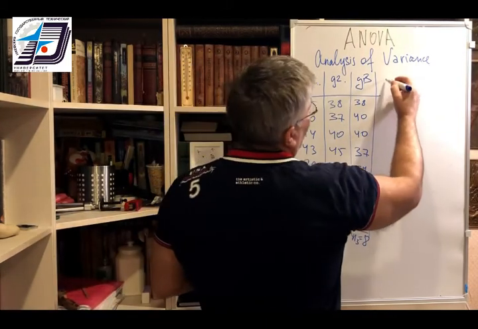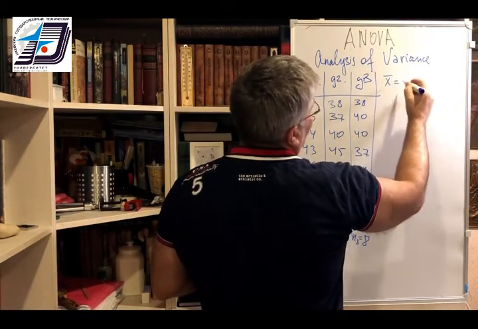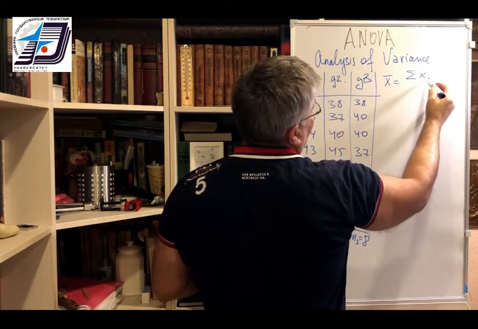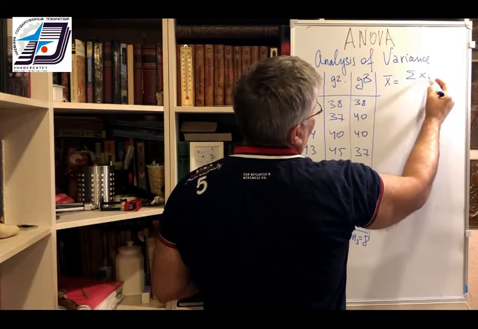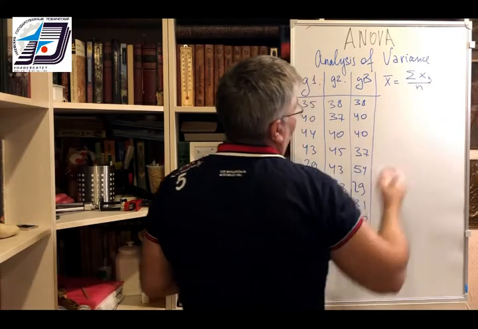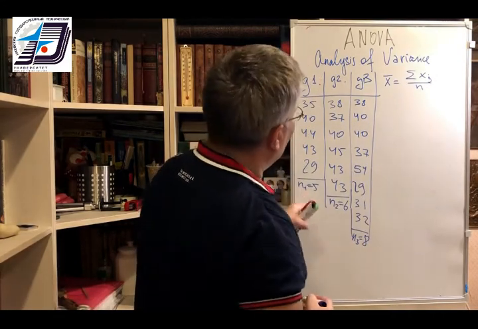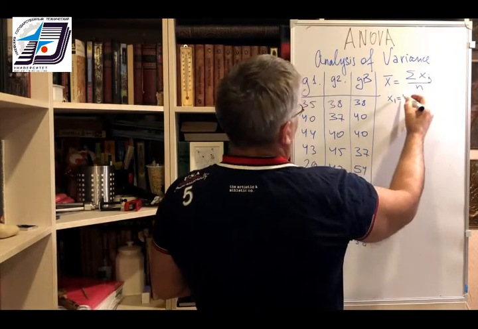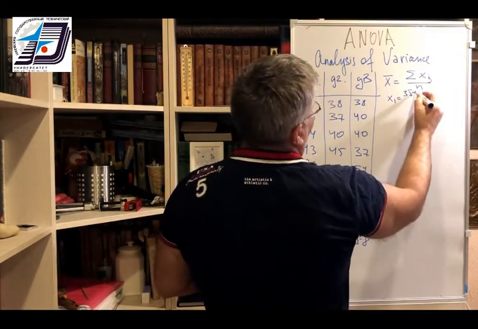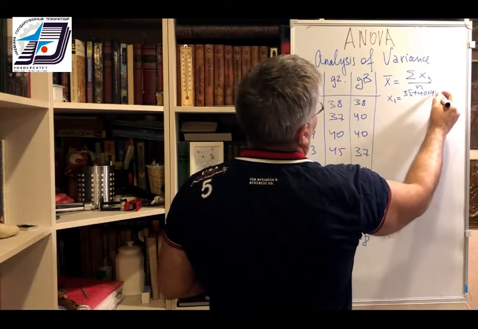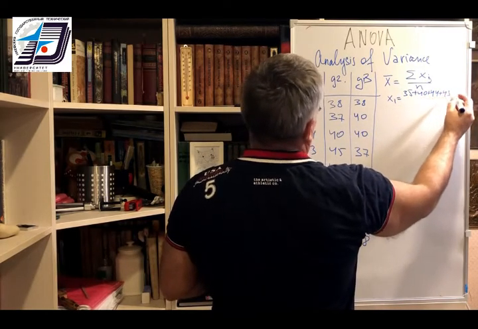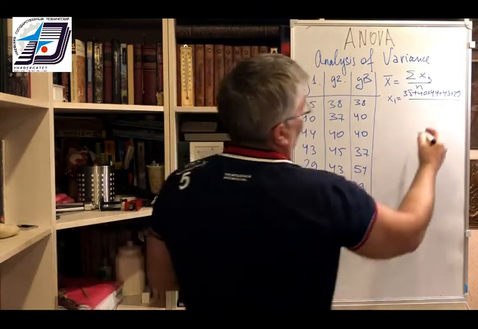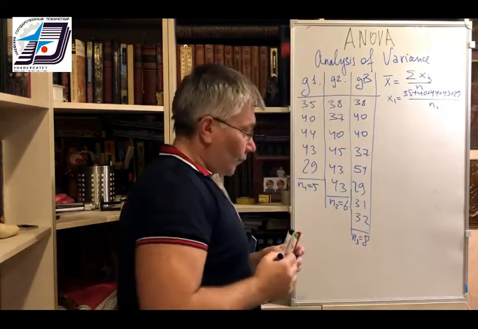I remind you that the mean value we can calculate using this formula: the sum of x over n. So here we have n1, and x1 equals 35 plus 40 plus 44 plus 43 plus 29 over n1, for example.